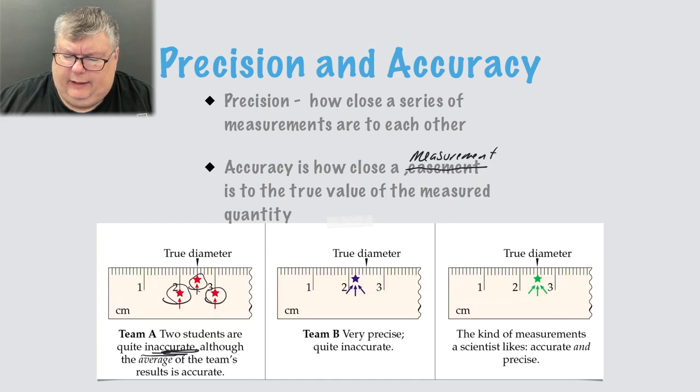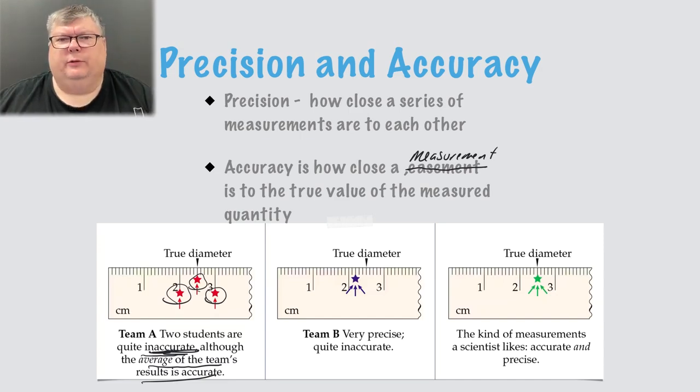The two students were inaccurate, although the average of the team's results is accurate, because 2 plus 3 plus 2.5 averages out to around 2.5, the true diameter. Team B, they were all very precise. All those measurements were very close to each other, but they were not very close to the true diameter.